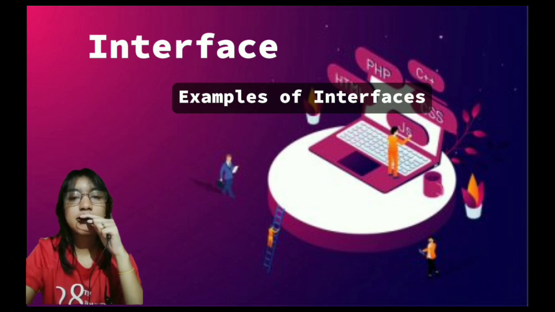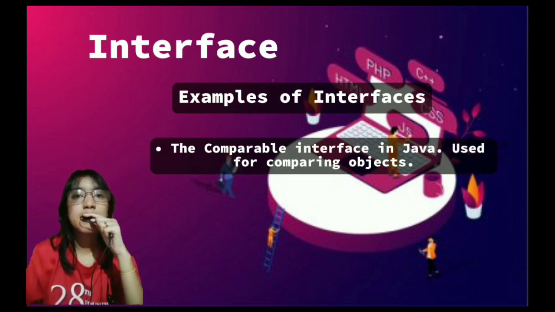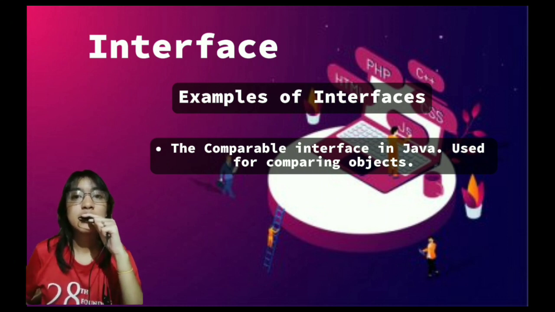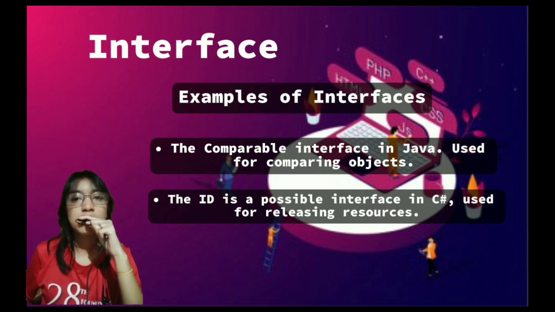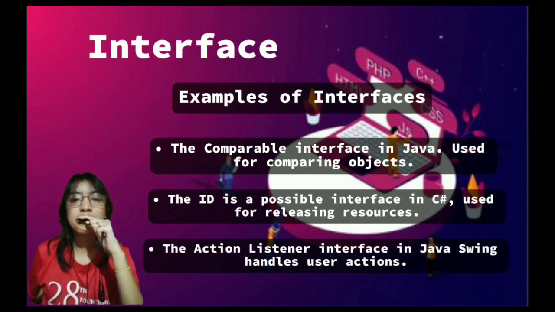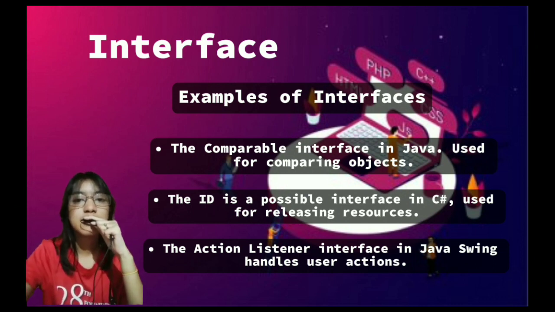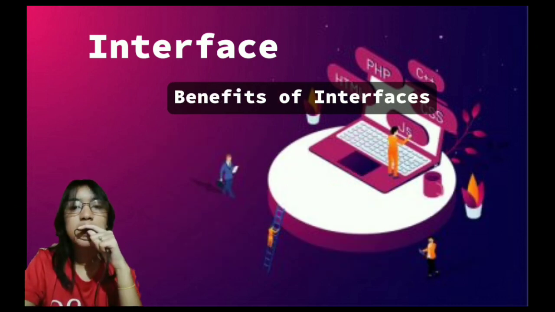Examples of the interface. The Comparable interface in Java is used for comparing objects. The IDisposable interface in C# is used for releasing resources. And the ActionListener interface in Java Swing handles user actions. Benefits of the interface.